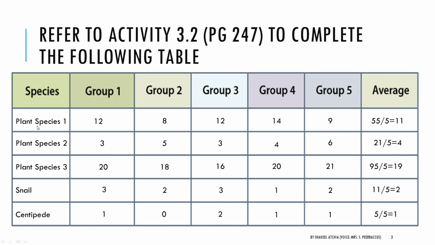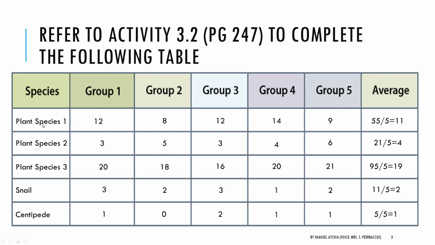For example, for plant species 1, Group 1 observed and counted 12 of them, Group 2, 8, Group 3, 12, Group 4, 14, and Group 5, 9. At the end of the experiment, an average has to be calculated in this column named average.